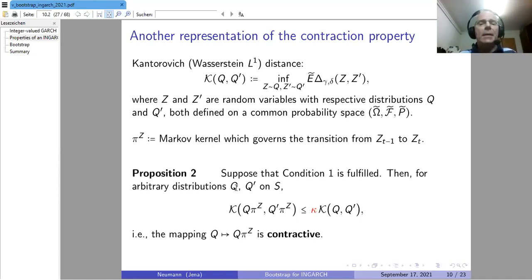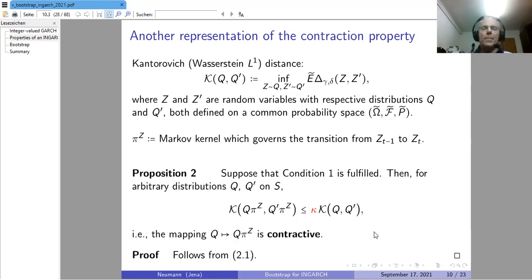Then we obtain for arbitrary distributions here that the Kantorowicz distance after one step is less than or equal to kappa times the distance between Q and Q prime, where kappa is strictly less than 1. That means, in other words, the mapping which maps Q to Q times PZ is a contractive mapping.